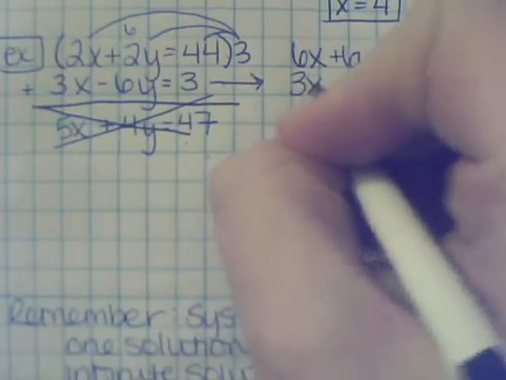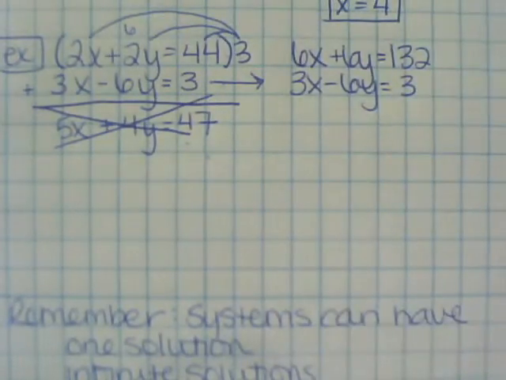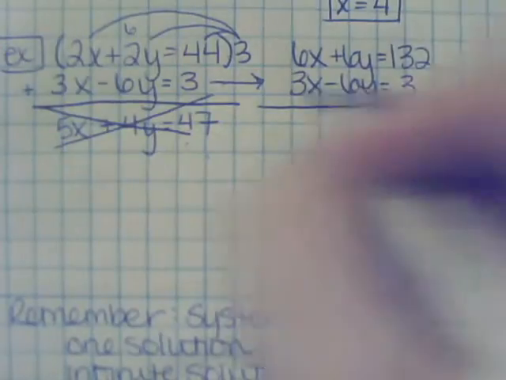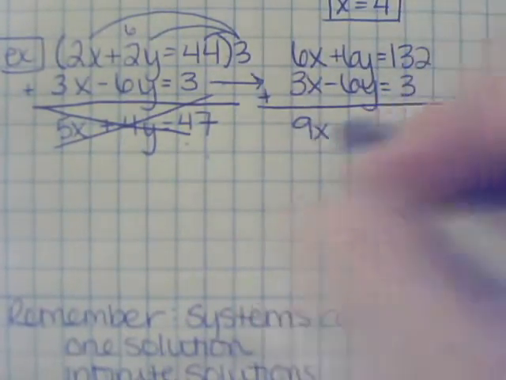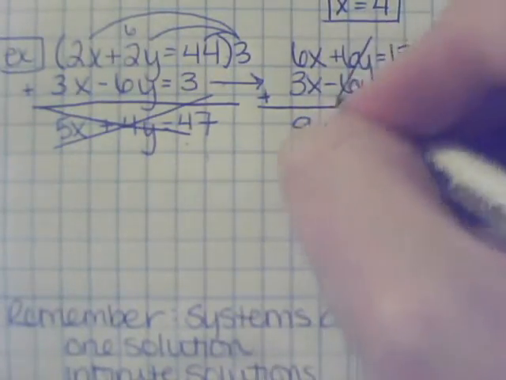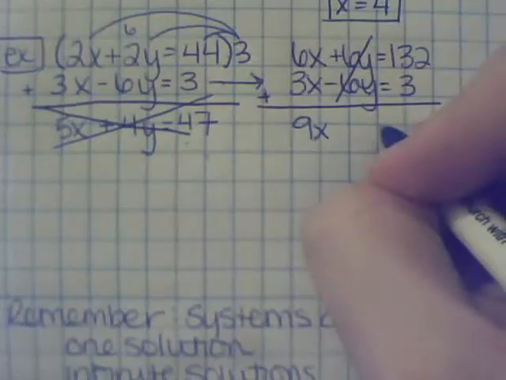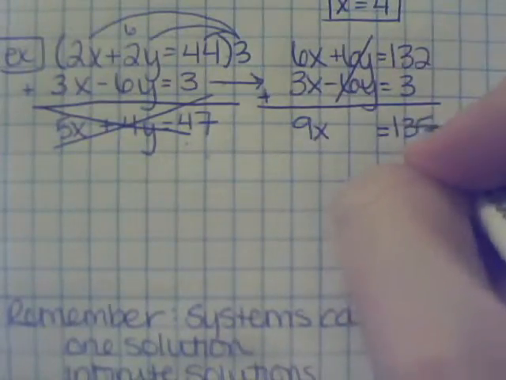So 3x minus 6y equals 3. Now when I combine them into a giant addition problem, I get 9x. The 6y minus 6y cancels, and then I get equals 135.